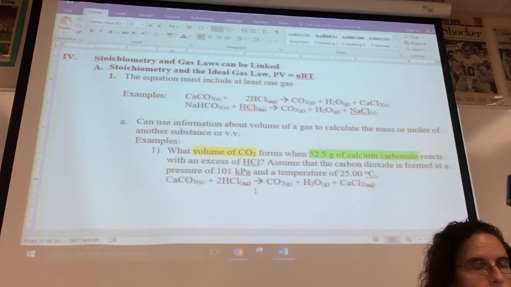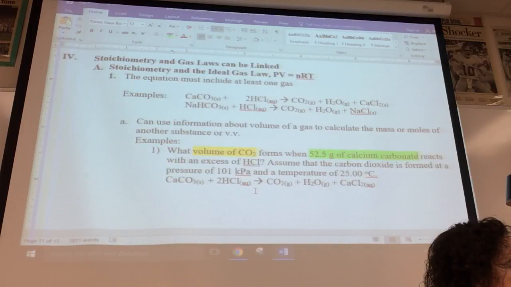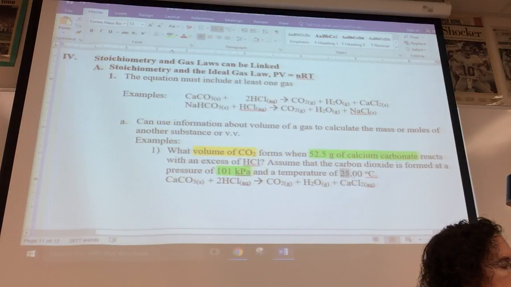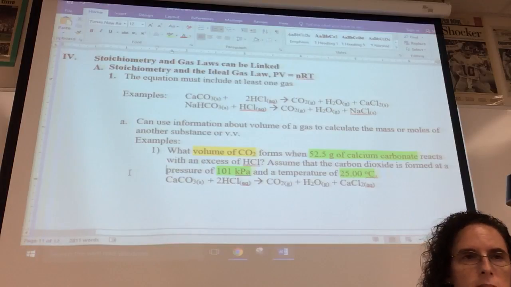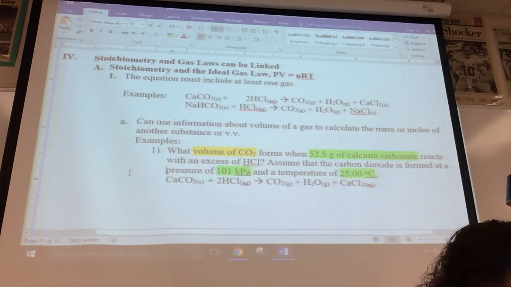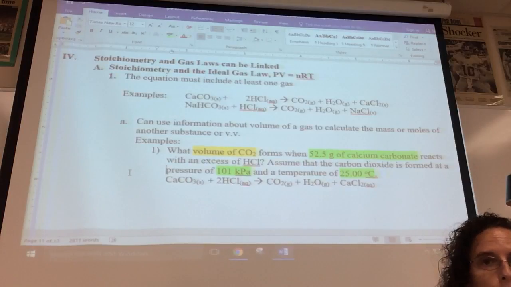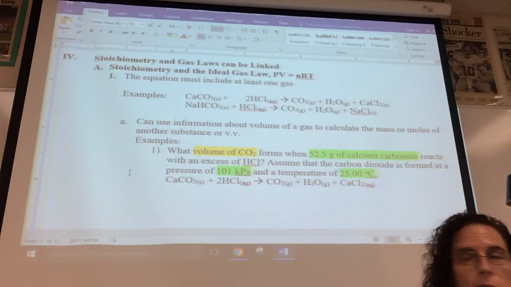It will be used up entirely, and it predicts or determines how much product you can generate. The pressure at which the carbon dioxide forms is 101 kPa, and the temperature is 25 degrees Celsius. Here is your balanced equation. I'm going to work this problem exactly as I would any other problem. I'm going to pull out the pertinent information first. That'll give me an indication of how to work the problem, what's going to drive it.